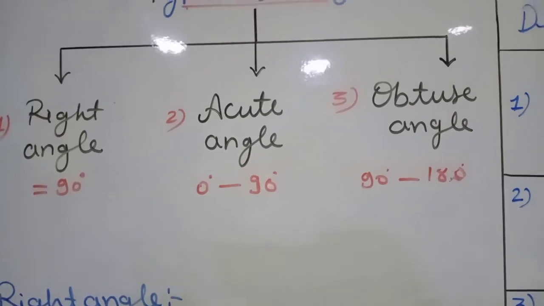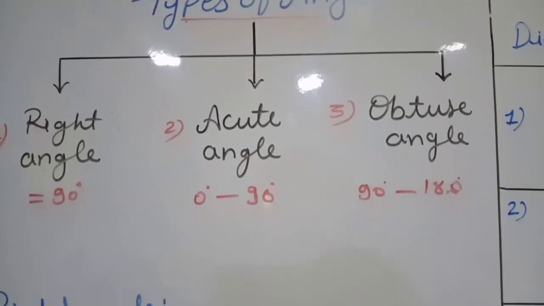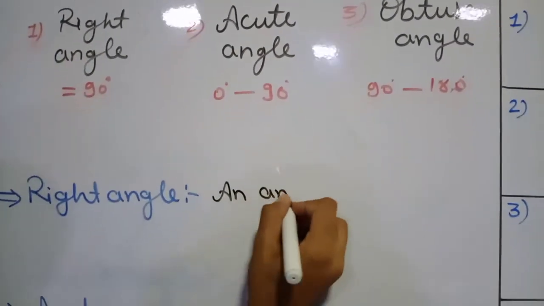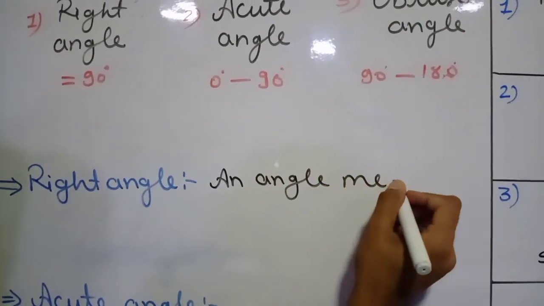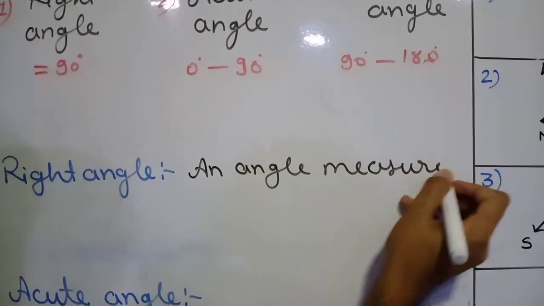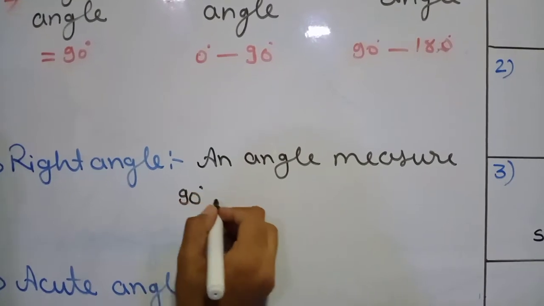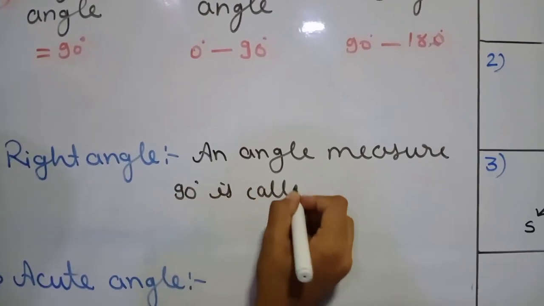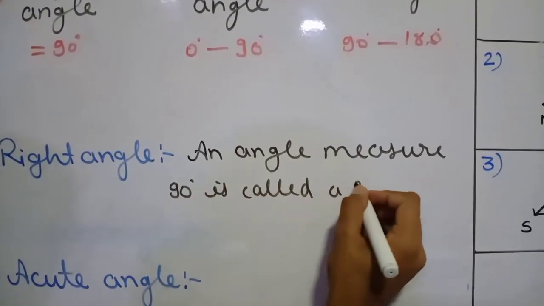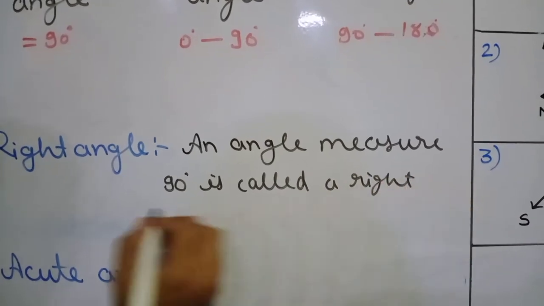So let's learn what a right angle is. An angle that measures 90 degrees is called a right angle.